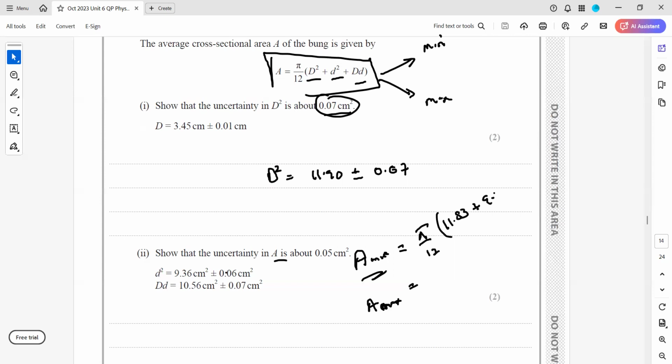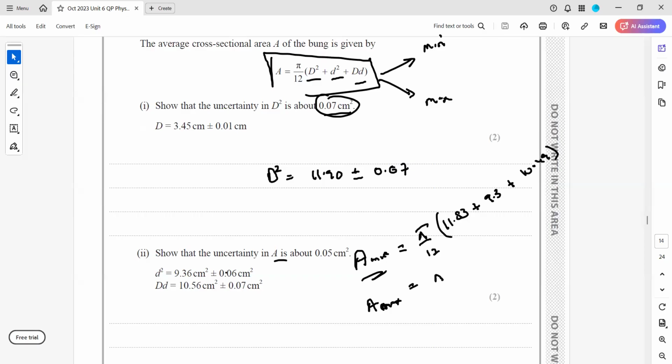So it will be 9.42. And what is the minimum value of D into D? As it is written here, 10.56 minus 0.07. So it will be 10.49. Sorry, it's the minimum I have to take. This will be 9.3 and this will be 10.49. This will give us the minimum value of A.